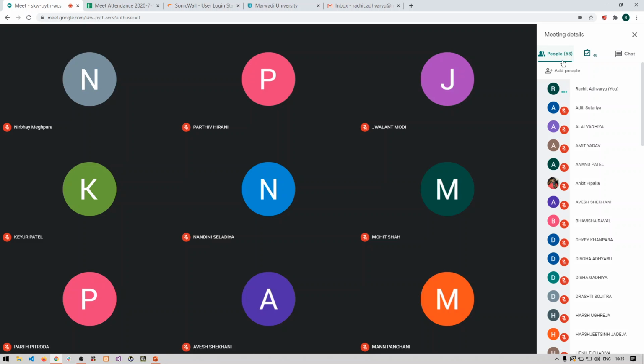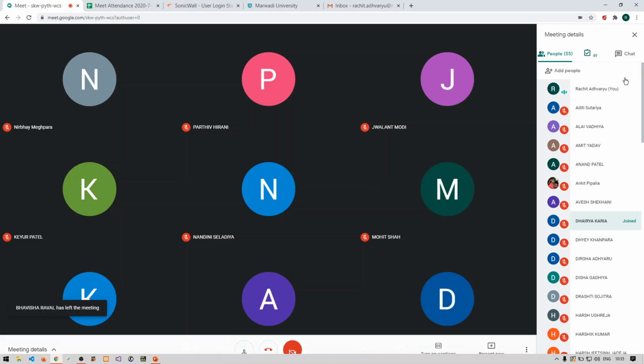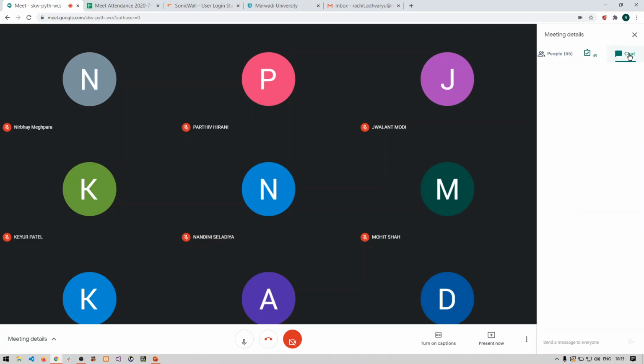Okay, so give me the answer for this question. What do you mean by concurrency control? Anyone from you can give the answer for this.